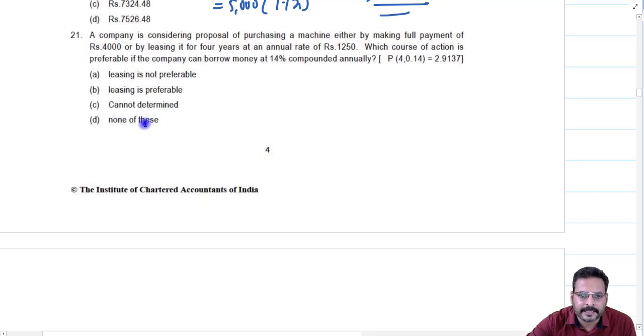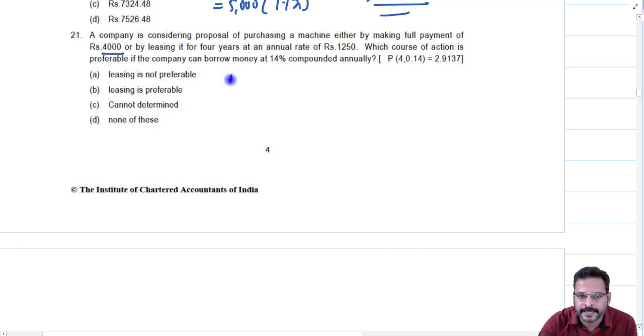The company is considering the proposal of purchasing a machinery either by making a full payment of rupees 4,000 or by leasing it for 4 years at an annual rent of rupees 1,250. Which course of action is preferable? Okay, so there are two options.